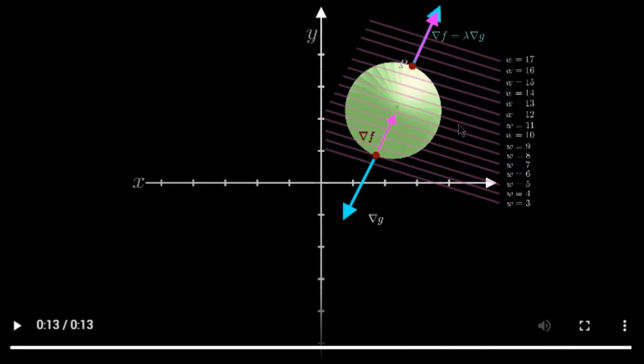Recall properties of gradients. Gradients always point in the direction of greatest increase. Their opposite points in the direction of greatest decrease. So those can help us identify maximums and minimums.